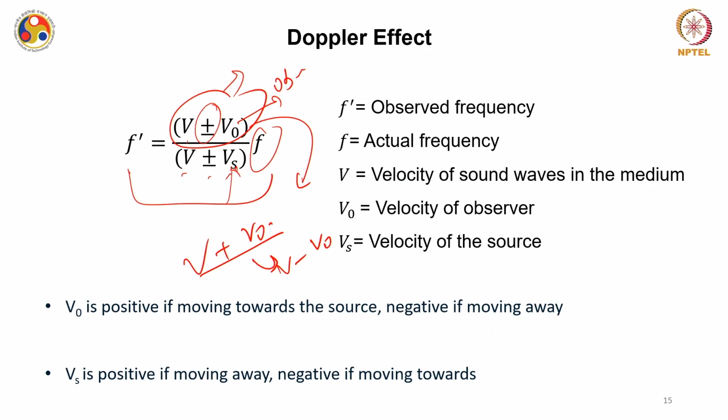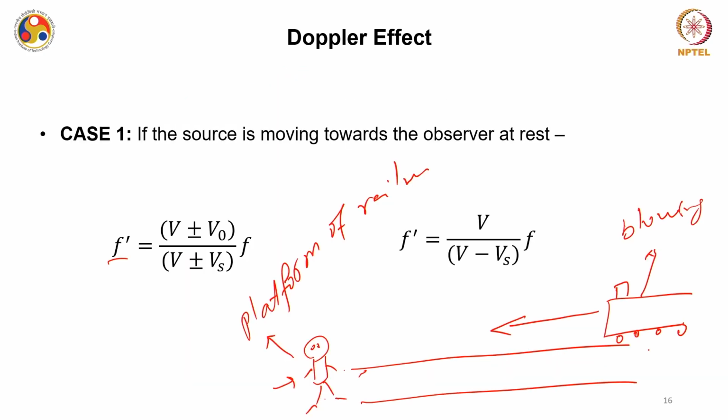We have seen already that vs is negative if moving towards the observer. Therefore, since he is at rest, v naught is 0. f dash will be v by (v minus vs) into f, right?